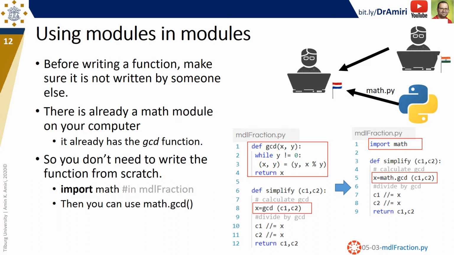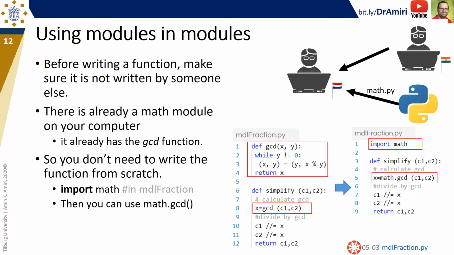But if he had searched before creating this function, he would have figured out that the function GCD already exists in another module that already exists on all computers that have Python.